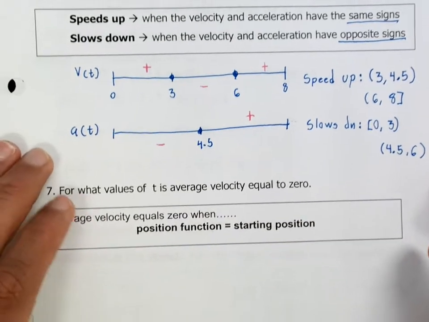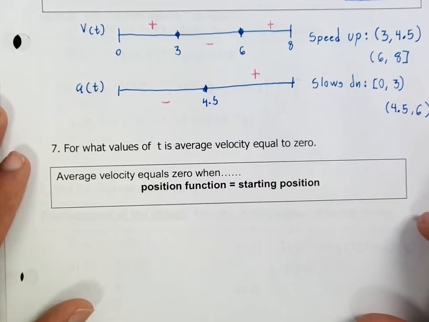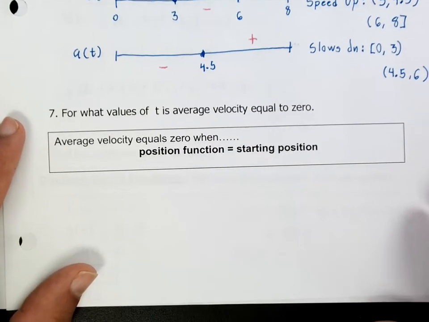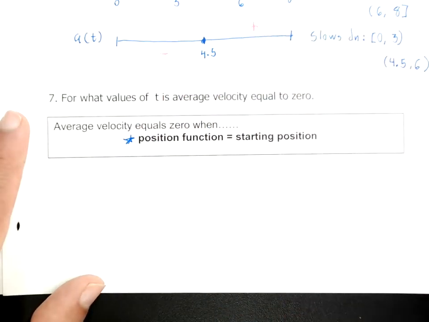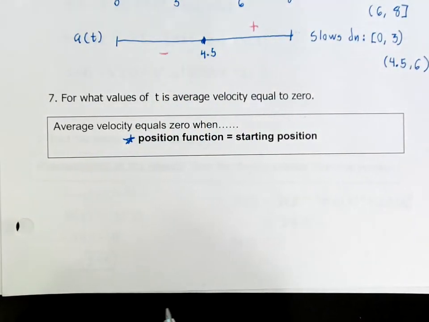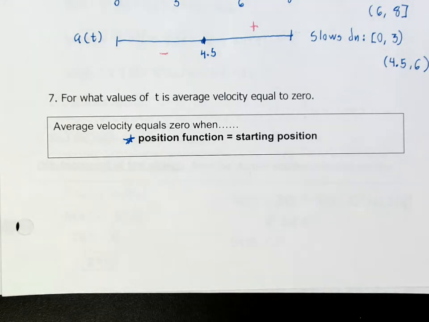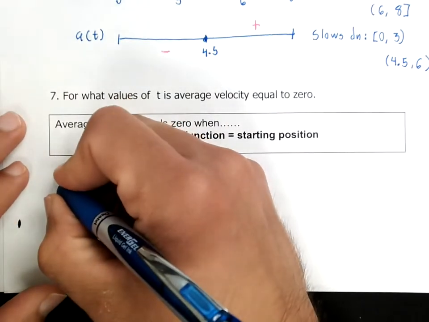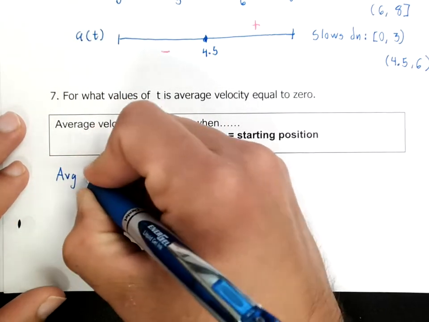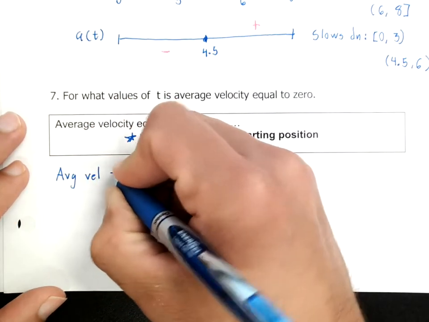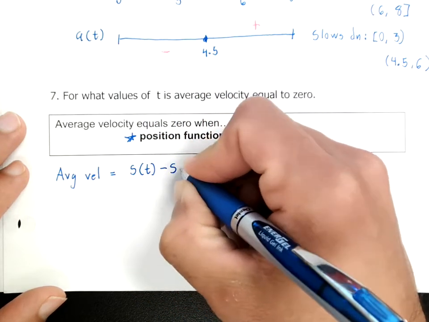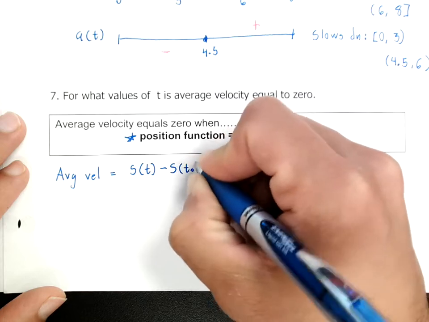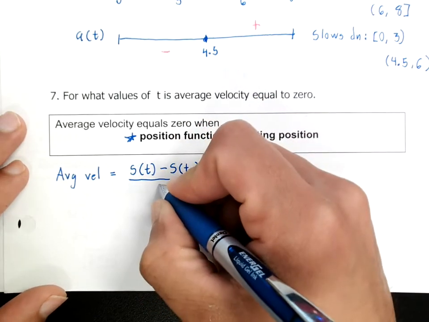All right, so that's that. Finally, it says, for what values of t is the average velocity equal to 0? This is telling you something you can use from now on: the average velocity equals 0 when the position function and the starting function are equal. To make sense of this, let's say average velocity is equal to the final minus the initial position, which we're going to call t naught, over time.